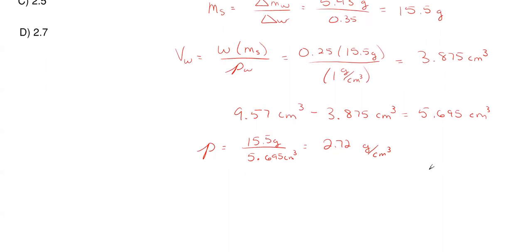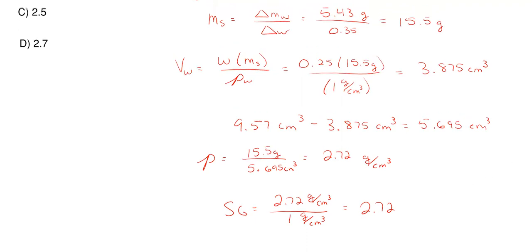So that would be our dry density. Now we have to determine our specific gravity, which is basically this divided by 1 gram per cubic centimeter. So it's 2.72 grams per cubic centimeter divided by 1 gram per cubic centimeter. And that gives us 2.72 for our dry specific gravity.